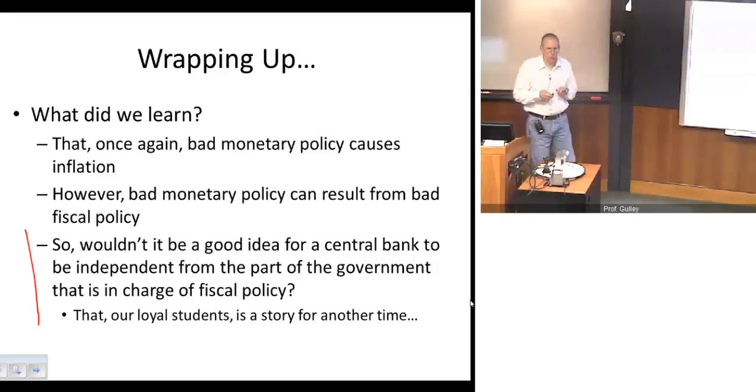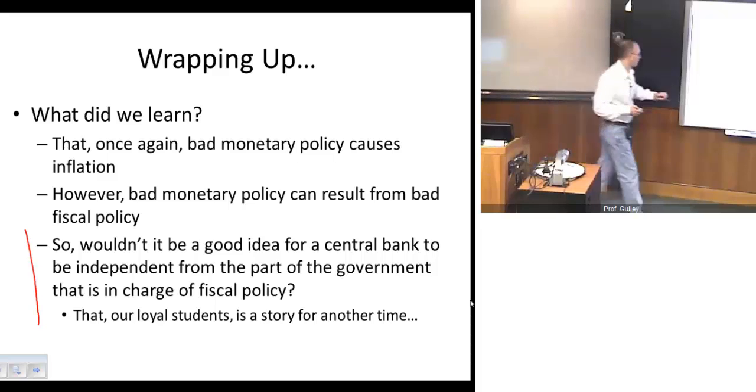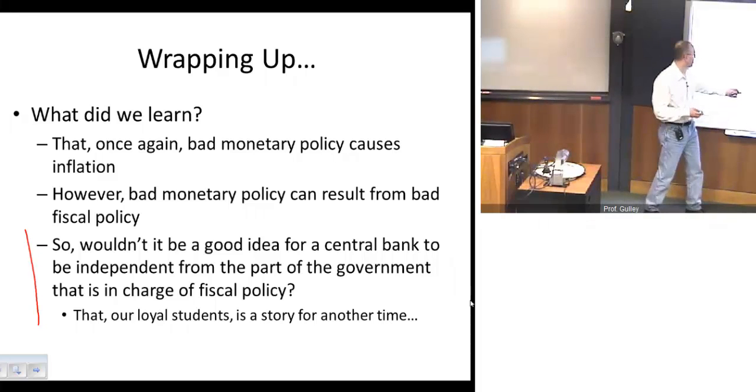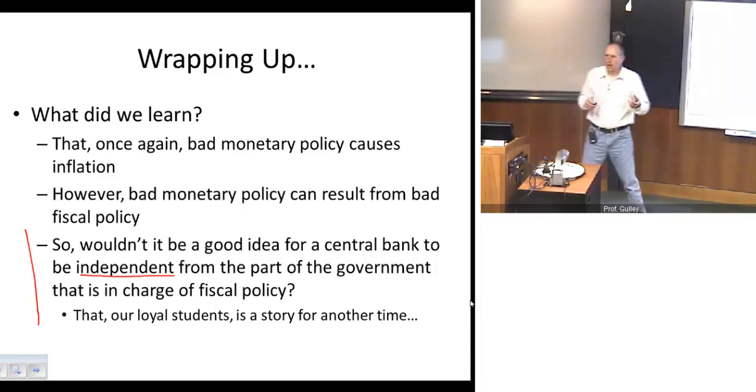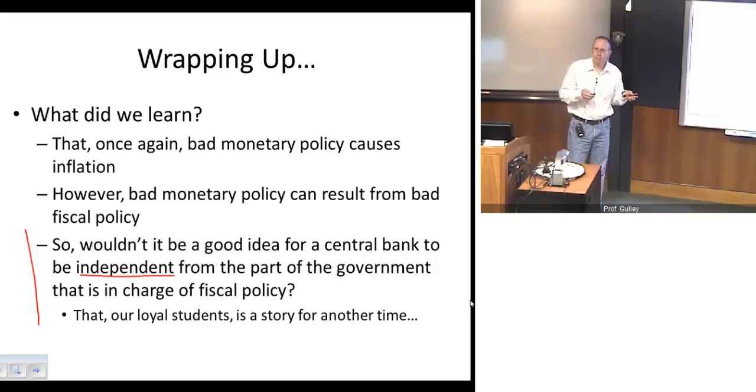Wouldn't it be a really great idea if the central bank was made independent from the rest of the government, in other words, the part of the government that spends money, so that we don't observe the central bank simply being the handmaiden of the government and printing new money to pay the government's bills, because that, as we saw, results in inflation.